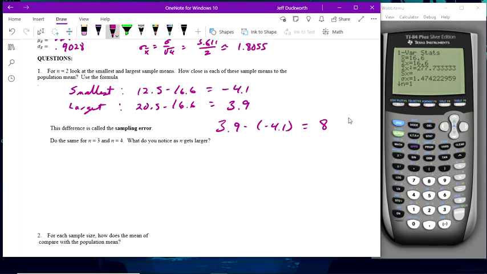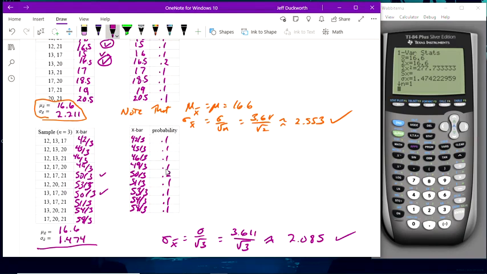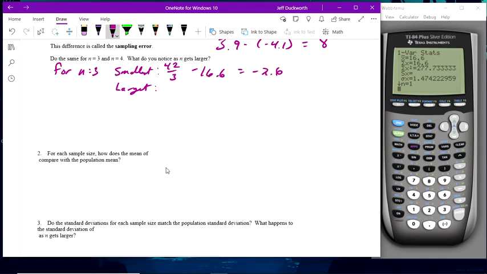Do the same for n equals 3 and n equals 4. So let's do n equals 3. Our smallest there was 42. So 42 over 3 because it would have been a mean. That's what we got. We're subtracting that 16.6, and that comes out to about negative 2.6. And the largest was, I think it was 58. 58 over 3, yeah.